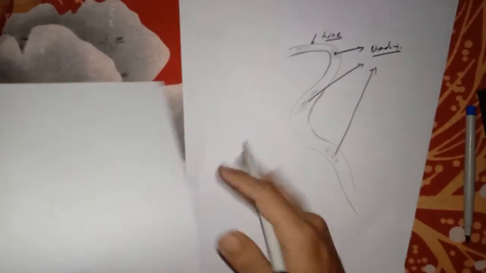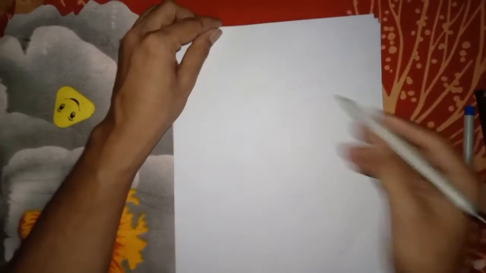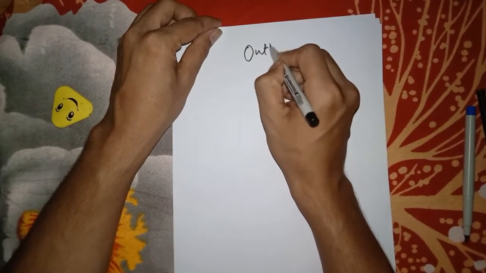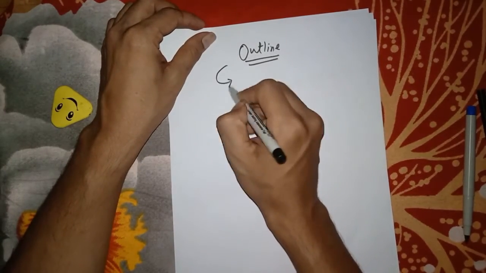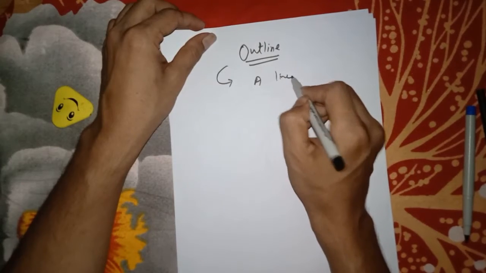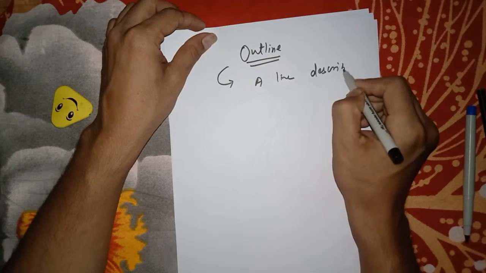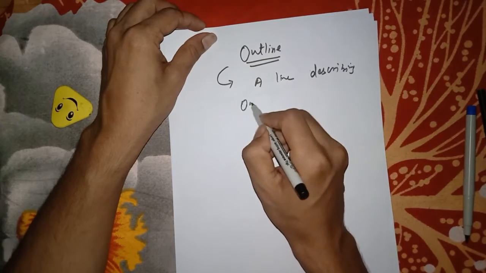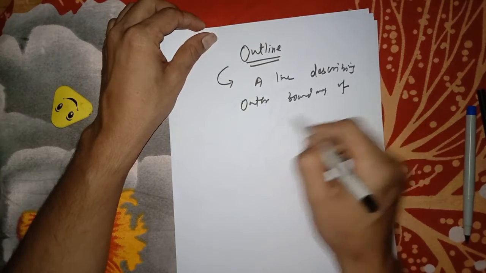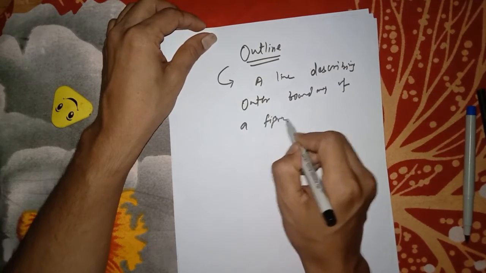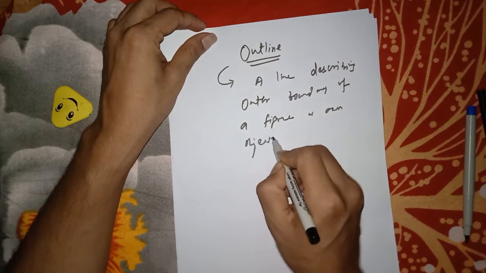Now the next term in art is outline. What is outline? Outline is a line describing the outer boundary of a figure or an object.